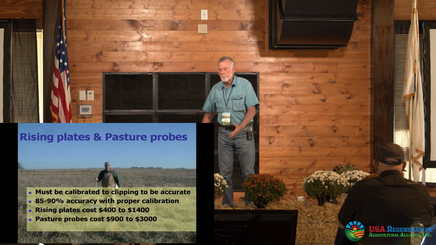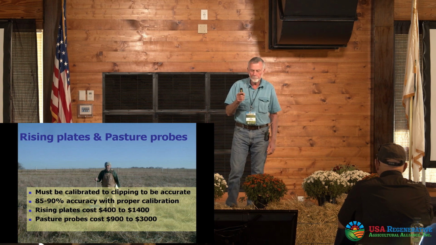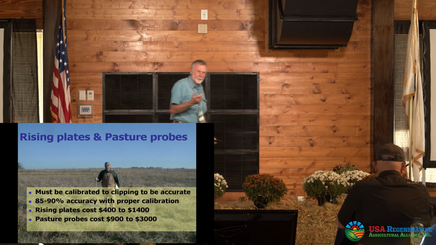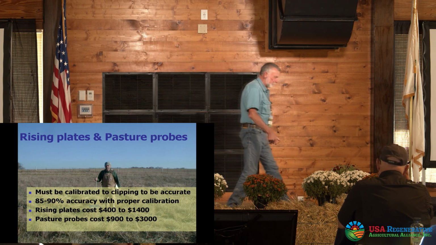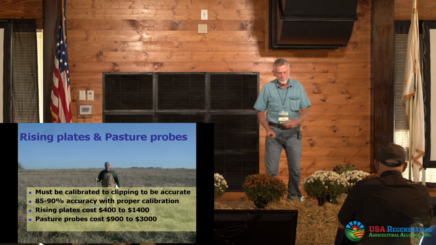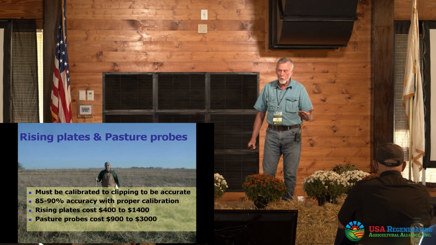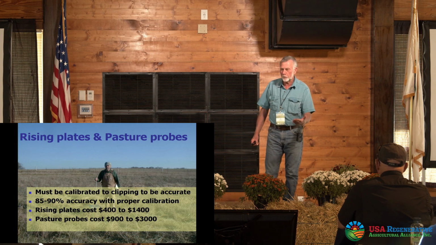The volume of biomass around it. Oh, yes, but it's got to be calibrated with clipping. $900 to $3,000, but it's pretty cool. You just walk across the field, put it down, and beep, beep, and it's going to tell you that your yield is 2,473.961 pounds per acre of forage. That's pretty precise, but it's not necessarily accurate.